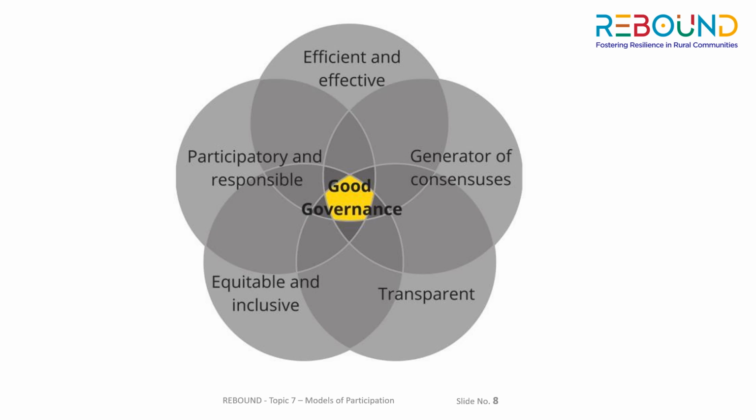And then we have on the right-hand side, related to that, generator of consensus. So in good governance, decisions are generally by consensus. People strive for consensus. Each of the actors, each of those who's participating, brings something to the process, and the actors then work collectively to promote consensus, to take decisions by consensus. Those are two elements of good governance. So participation, leading to collaborative or joint decision making with an emphasis on consensus.